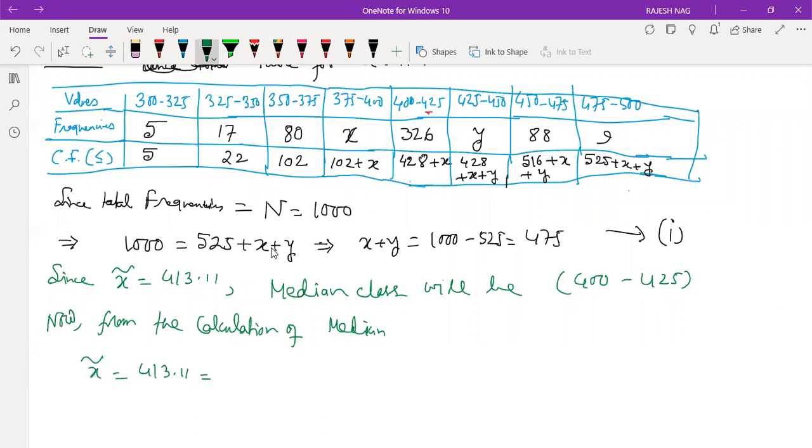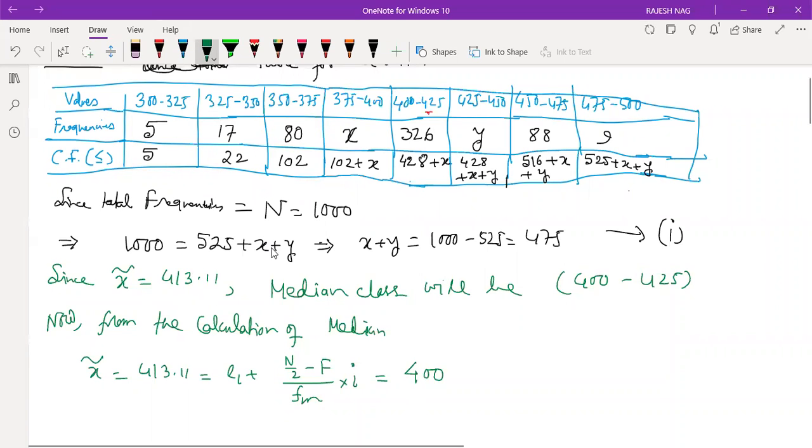The formula is L1 plus n by 2 minus f by fm into i. L1 is the lower boundary of the median class, that is 400.